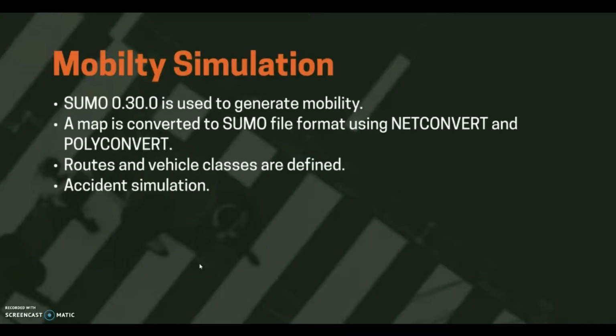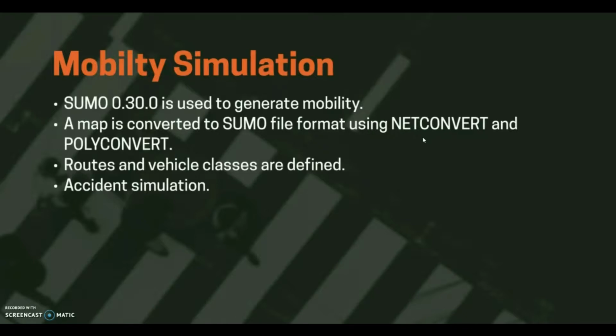But in order to visualize this map in the SUMO graphical user interface, we need to use its built-in programs, which are used for creating network topology on which the simulation runs. One such program is netconvert, which reads road networks from different formats and converts them to SUMO format.